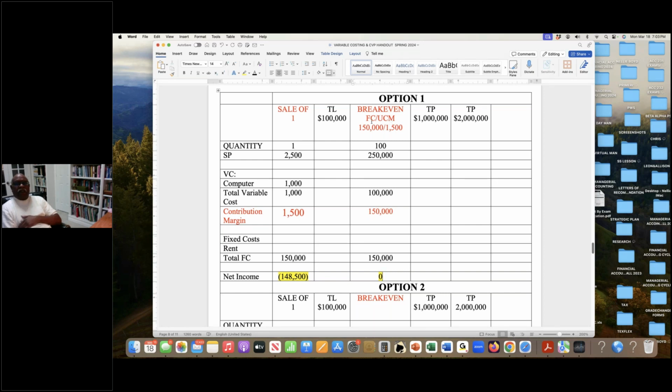That's the break-even formula that you memorize: fixed cost divided by unit contribution margin. The fixed costs stay the same in all alternatives, 150,000. So we simply divided 150,000 by 1,500. Does everybody see that?